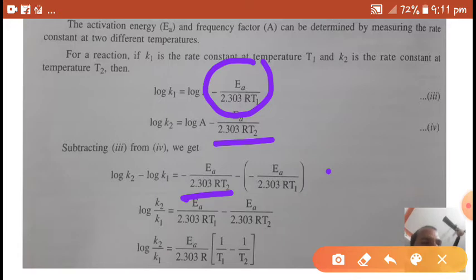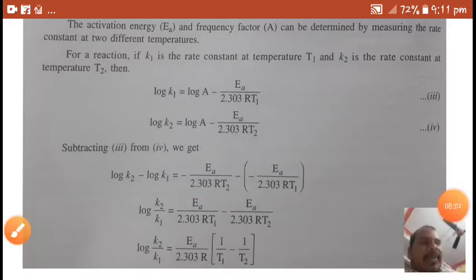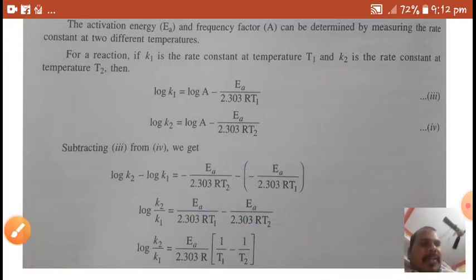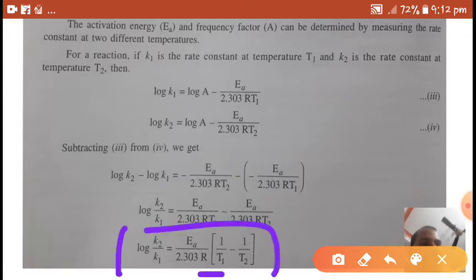Minus into minus is plus. So we get log K2 by K1 is equal to EA by 2.303 R into 1 by T1 minus 1 by T2. This is also called the Arrhenius equation.